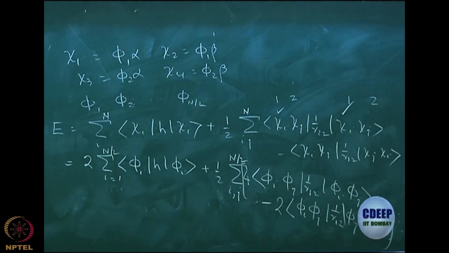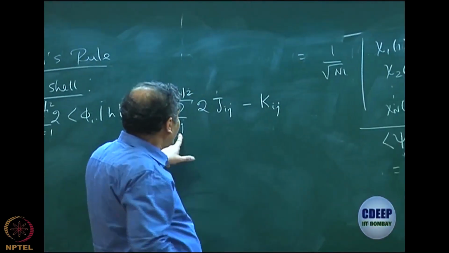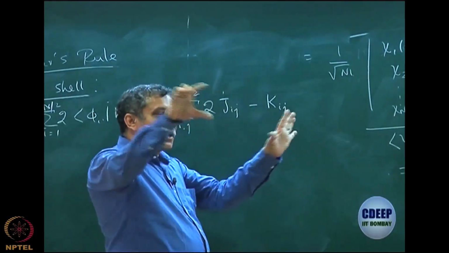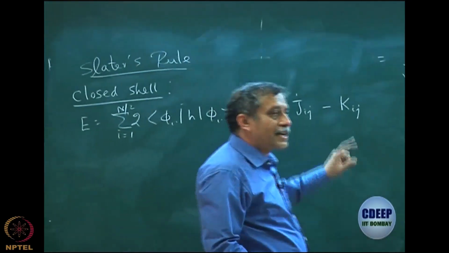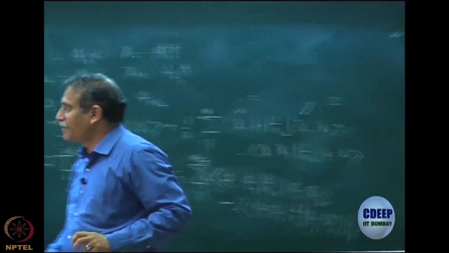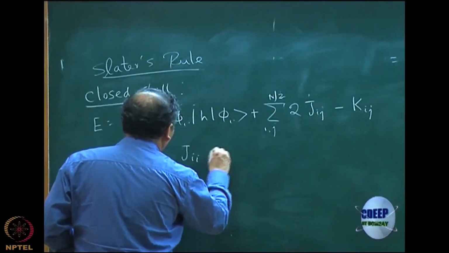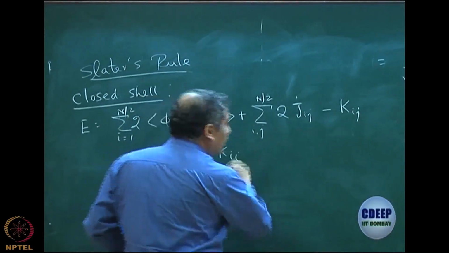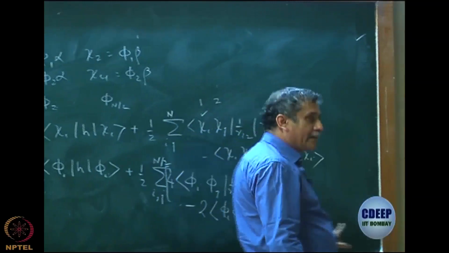Okay, good. Now you see for i equal to j, just like in the spin orbital, I noticed that chi i, chi j, the spin orbital was identical, so it was 0. But here it is not exactly 0, because Jii is equal to Kii indeed. Jii is ii, Kii is ii.